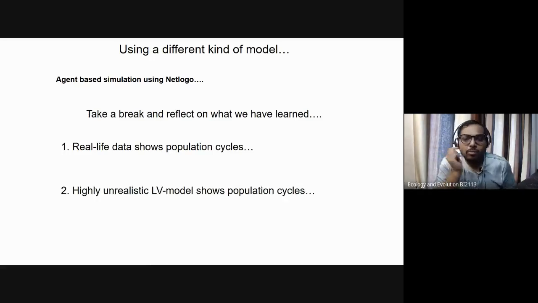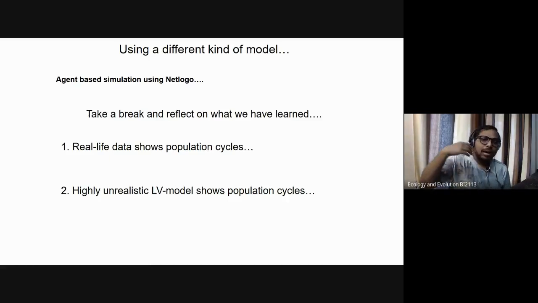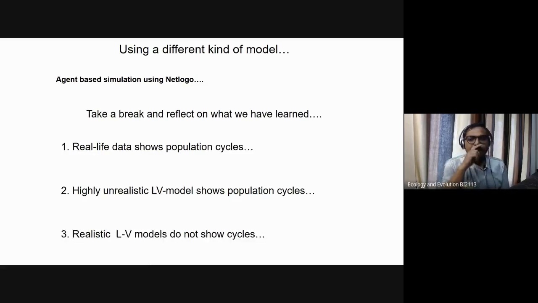We make a model which is so bad, it's a caricature of reality. I mean, it's worse than that. All models are caricatures of reality. This one is atrociously bad, and yet that thing ends up showing you population cycles. However, the moment you make the whole thing even a little bit more realistic, then cycles are gone.